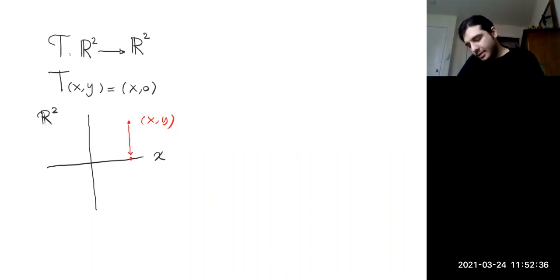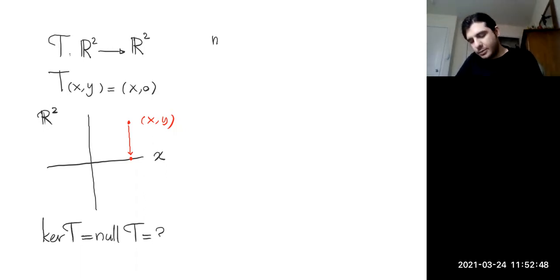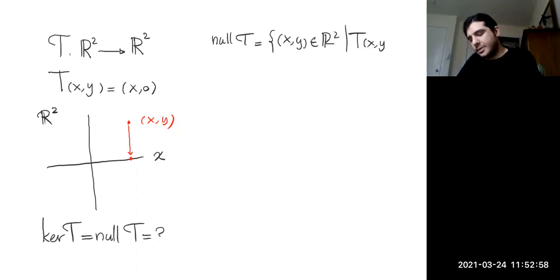So what is the kernel of this map, or the null space of this map? There are different names for the same thing here in this course. That is equal to every element in R squared in the domain such that T of that is equal to 0, the 0 of this vector space, right? (0, 0).